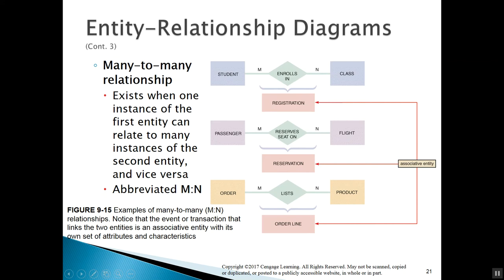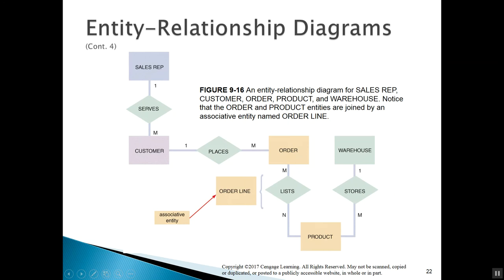So there would be a student table, a class table, and here it says enrolls in registration. That would end up creating a student class table for registration. Okay. So ERDs are not necessarily just the two relationships, it's how they're all linked together.